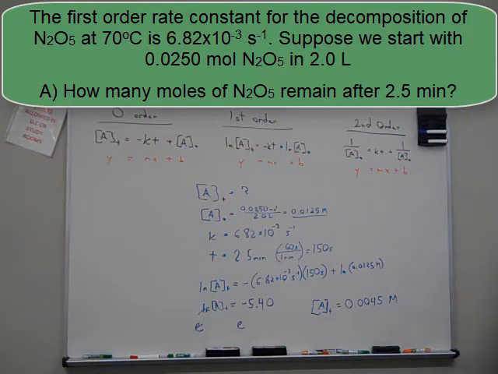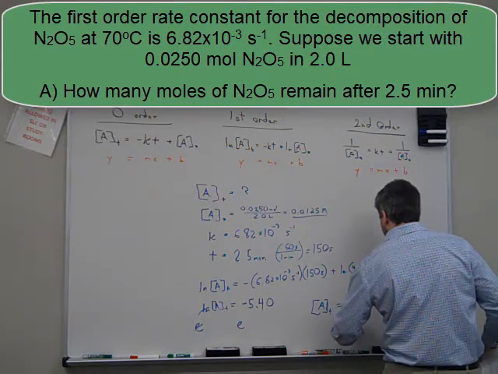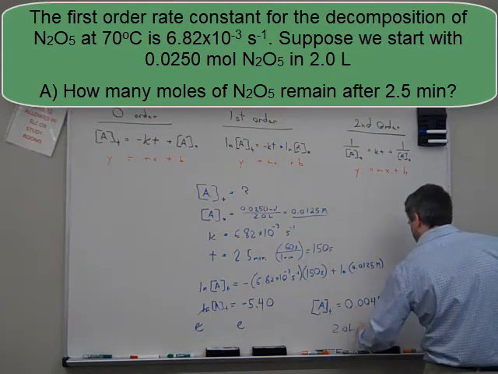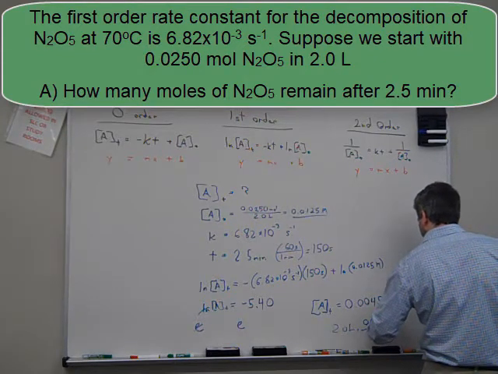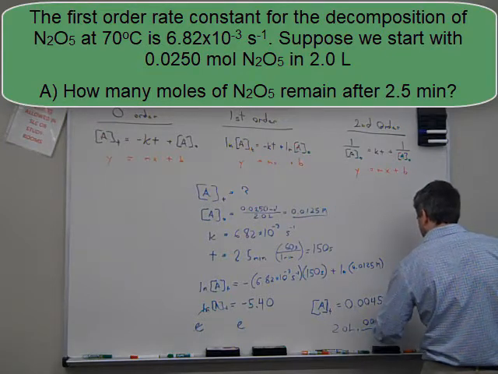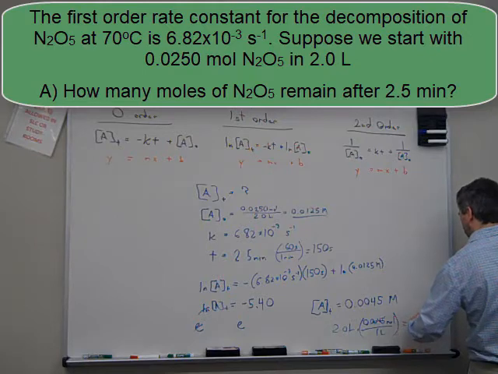Effectively it's 2 liters, and since this is the molarity, it's 0.0045 moles per 1 liter. Liters cancels out. You get 0.0090 moles.